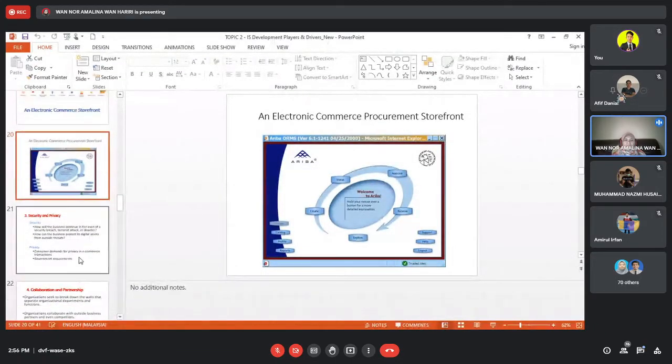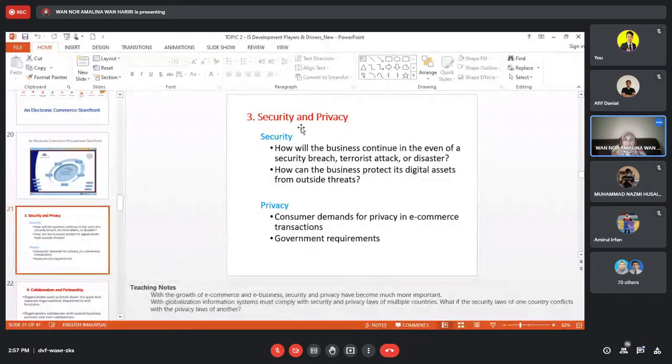And then the third business driver is about security and privacy. So with the growth of the e-commerce and business, macam mana kita nak handle security and privacy? This is very, very important. Recently kan kecoh sebab jabatan pendaftaran dikatakan were selling our data.